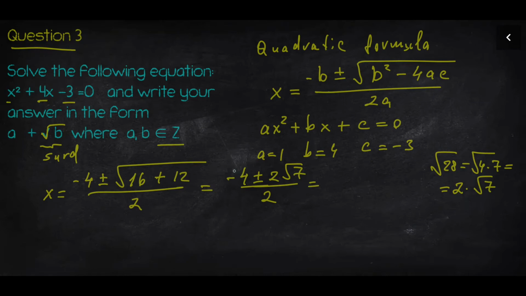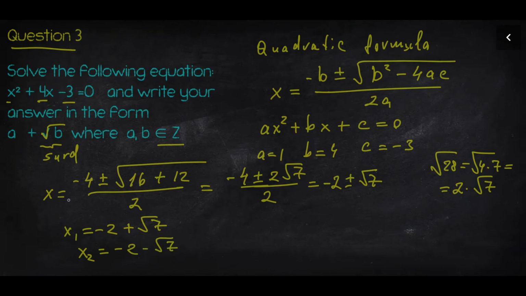We divide minus 4 by 2, which gives minus 2, and 2 square root of 7 over 2, the 2 cancels, so it's just square root of 7, so plus minus square root of 7. So we have two solutions: x1 is minus 2 plus square root of 7, and x2 is minus 2 minus square root of 7.